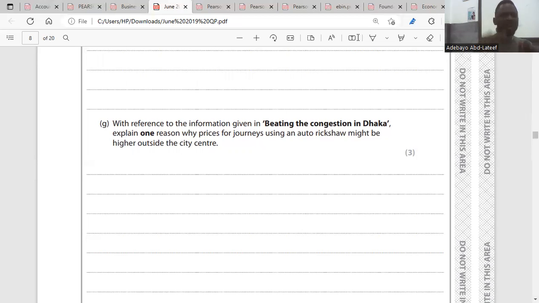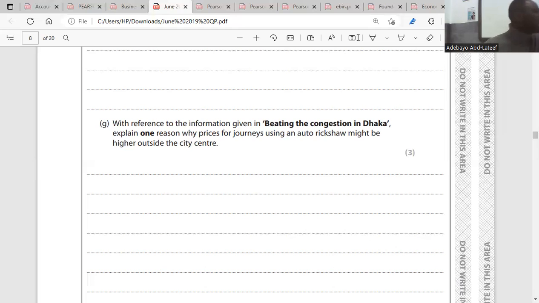So the first reason why it might be like that is that most of the population stays inside Dakar. They said 70 million of the population stays in Dakar. So that means there are a lot of customers in Dakar. Yes or no? So it will be cheaper because the drivers will have more customers to deal with, unlike outside the city center, where they have fewer people to deal with.